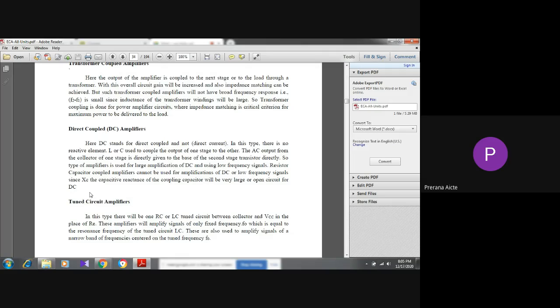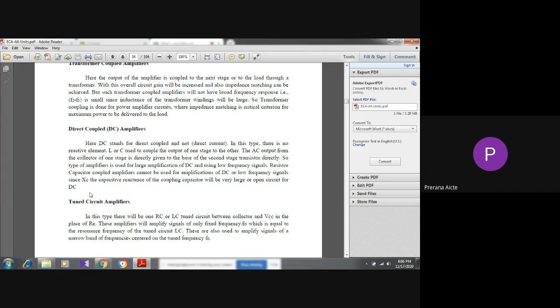These types of amplifiers are used for large amplification of DC and low frequency signals. So this is the advantage. RC coupled amplifiers cannot be used for amplification of DC or low frequency signals. To amplify DC signals, we prefer direct coupled amplifiers, and we do not prefer RC coupled for amplifying DC signals.